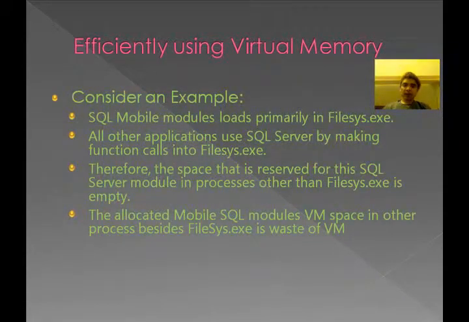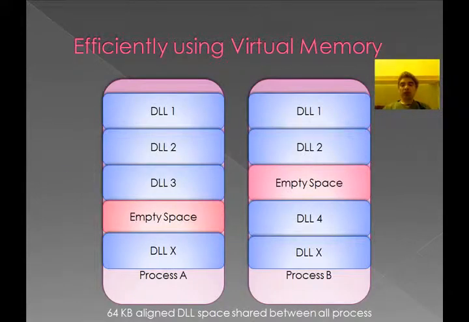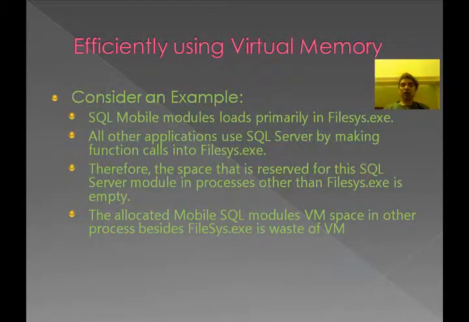In the next slides, we are taking the information from here, and we will try to provide a few scenarios to understand this behavior. Let's take an example where the SQL mobile module loads primarily in file6.exe.